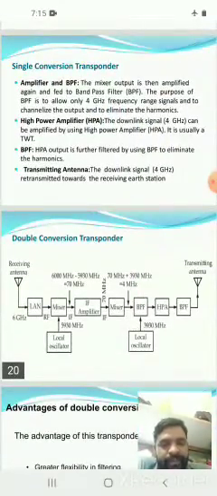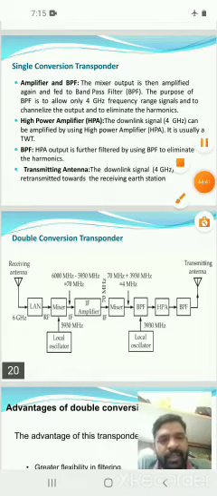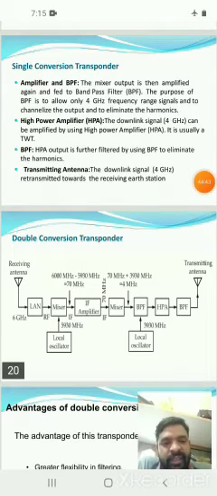Double conversion is the same as single conversion, except double conversion has two mixer stages. Single conversion has only one mixer stage.